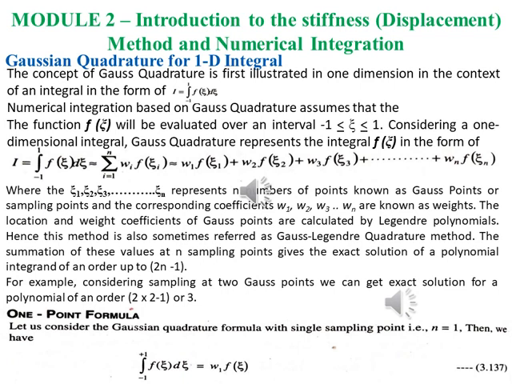Okay, so let us see the one point formula for this Gauss quadrature method. Let us consider a Gauss quadrature formula with a single sampling point, that is n is equal to 1.